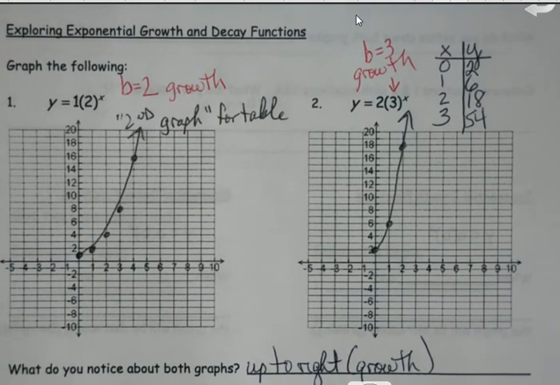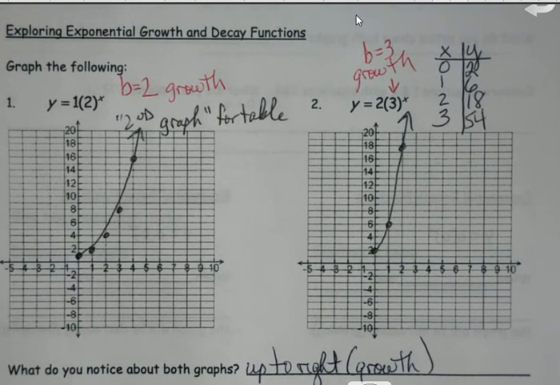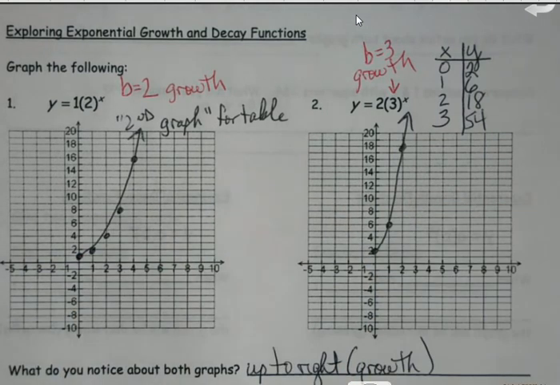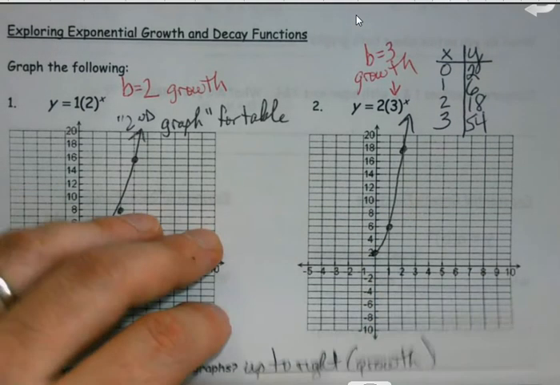How things will get bigger as they go to the right. So this may be like bacteria that are growing in size. It could be lots of different things. But again, table, manually, neither of them are too bad.